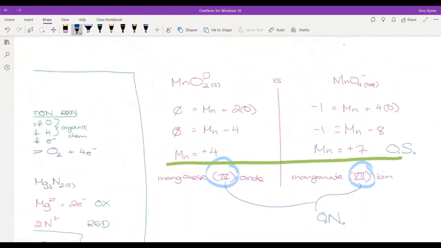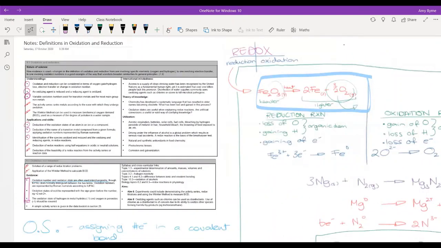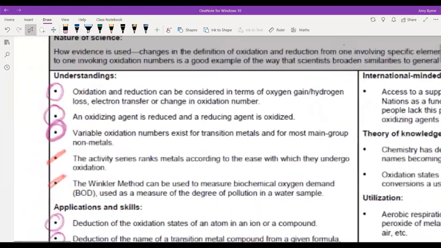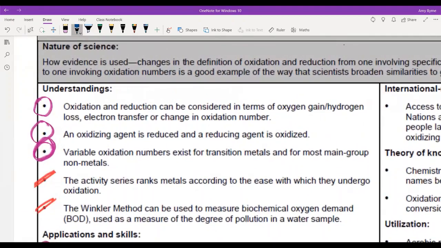So let's go back and look at our study guide so I can make sure that I'm covering everything. I've talked about oxidation and reaction in terms of oxygen and hydrogen gain and loss, electron transfer and change in oxidation number.